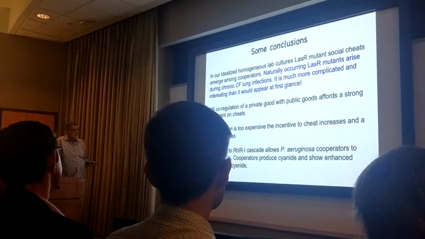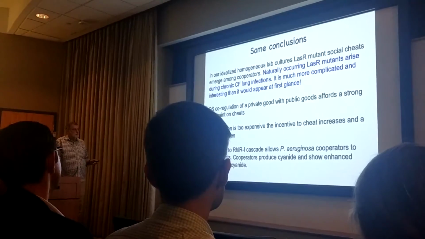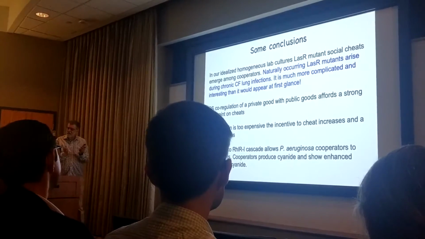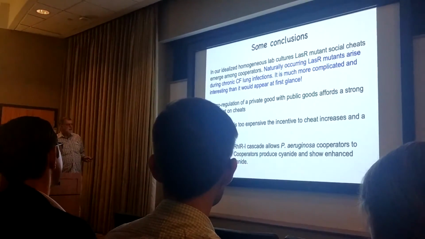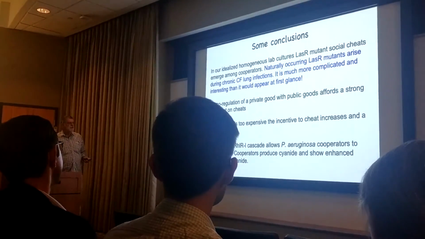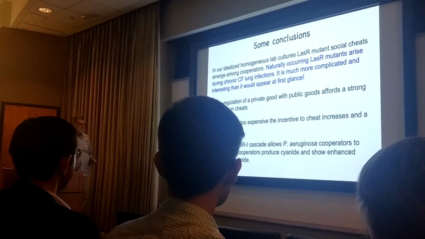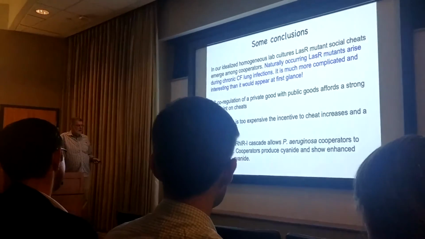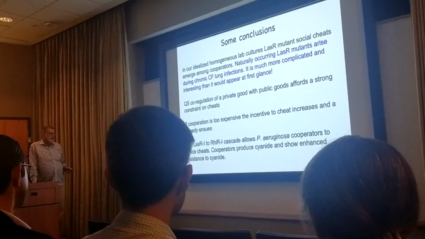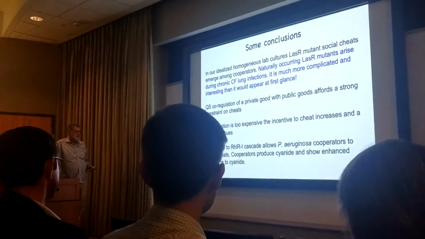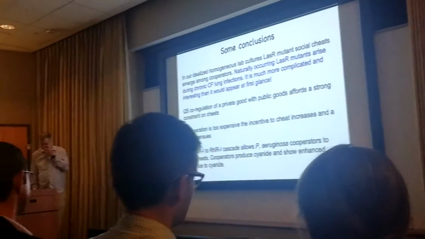Quorum sensing co-regulation of a private good with public goods affords a strong constraint on cheats. So we've learned how to constrain cheats in the laboratory. If cooperation is too expensive, the incentive to cheat increases and a tragedy ensues. This cascade allows Pseudomonas cooperators to fleece cheats, and this fleecing involves cyanide production and resistance to cyanide.